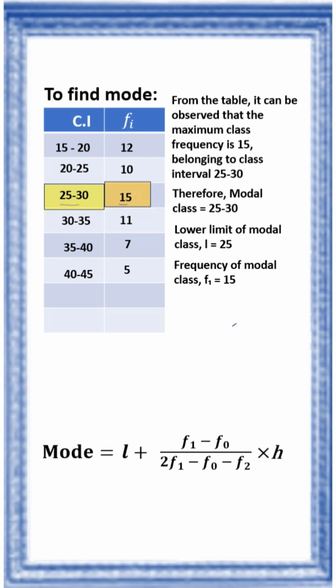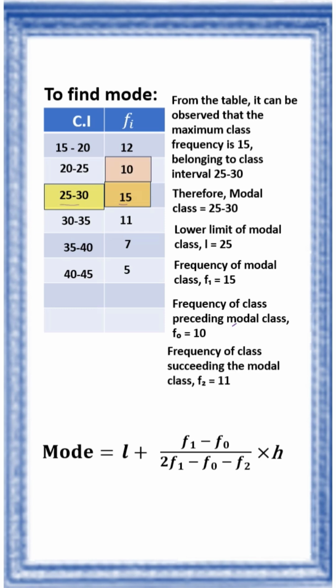Frequency of the modal class is f1, that is 15. Frequency of the class preceding the modal class, that is f0, is 10. Frequency of the class succeeding the modal class is f2, that is 11. The class size h is 20 minus 15, that is 5. Now let us substitute the values.